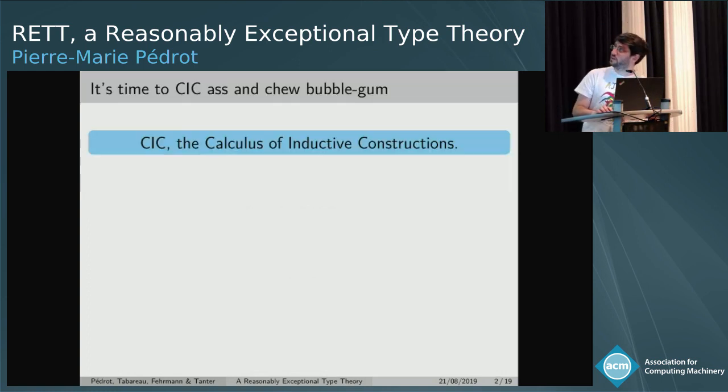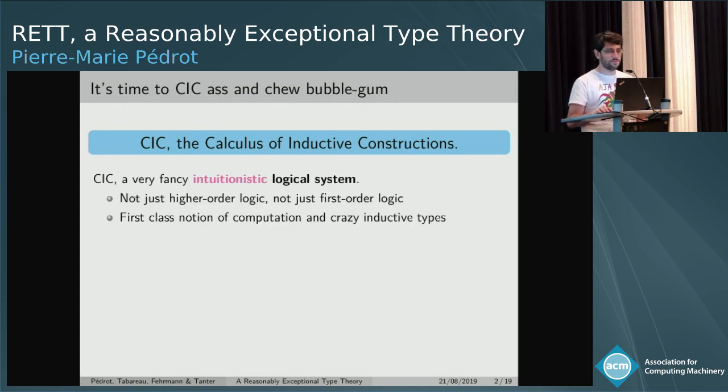To start with, I would like to recall what we're going to talk about in this presentation. That is about CIC. So CIC is the famous calculus of inductive constructions, and depending on your background, there are virtually two ways to see it.